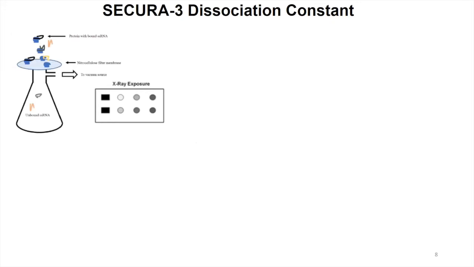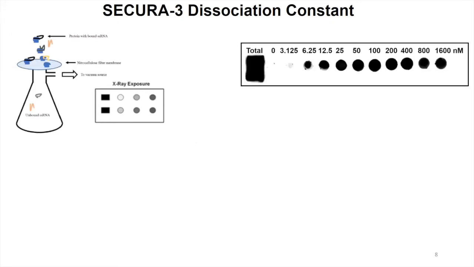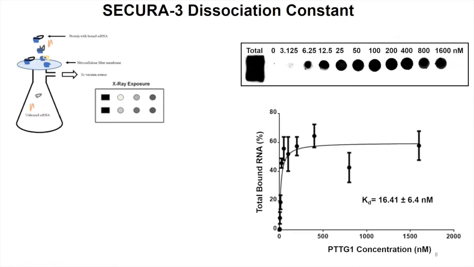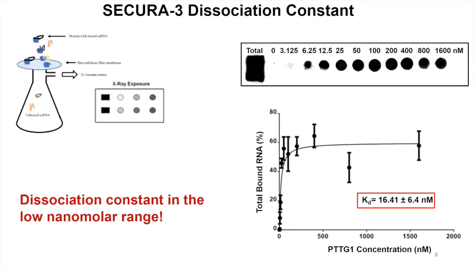Now, having chosen the aptamer Sekira 3, we next decided to determine the KD or dissociation constant by using a nitrocellulose filter binding assay. So we titrate a constant amount of aptamer against various concentrations of protein, and we arrive at a value of 16.41 nanomolar, which is in the low nanomolar range.